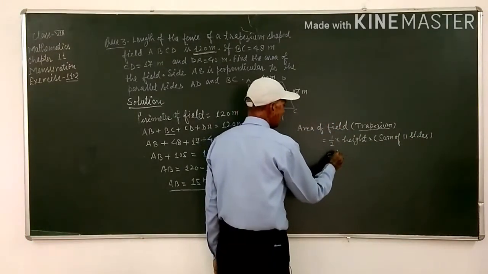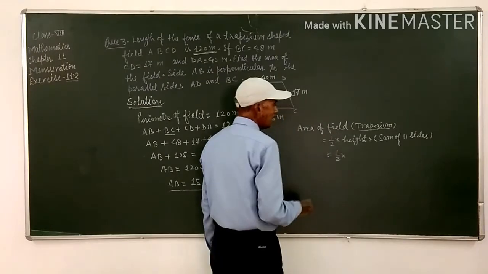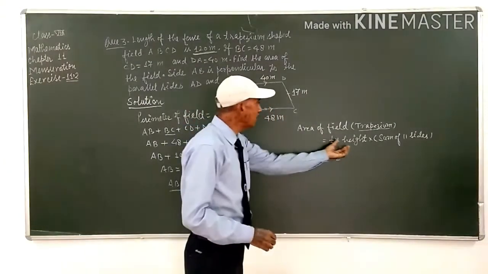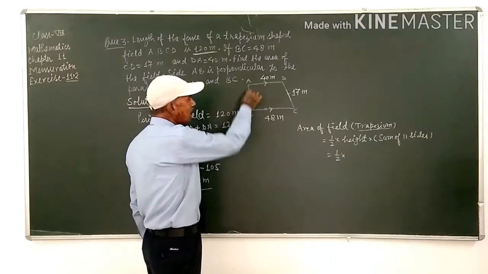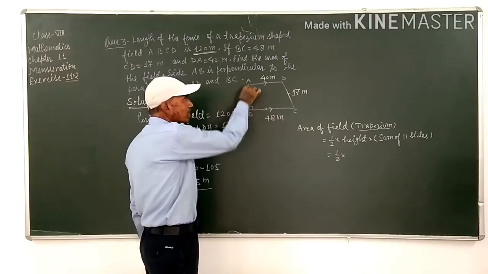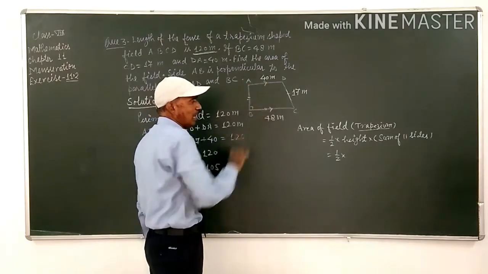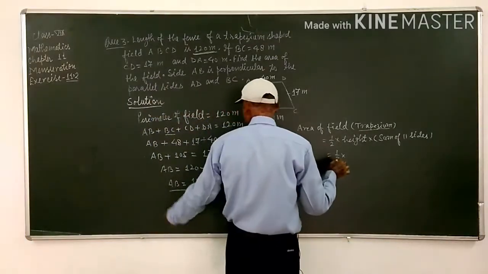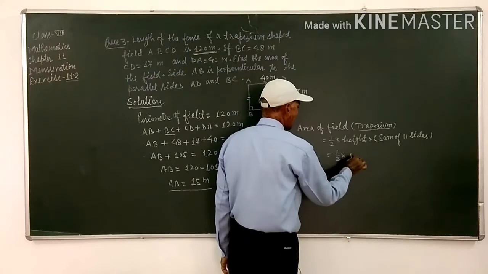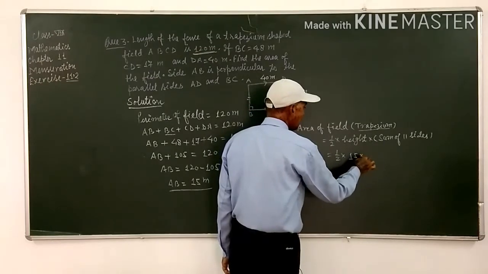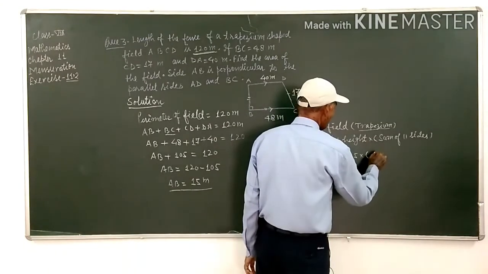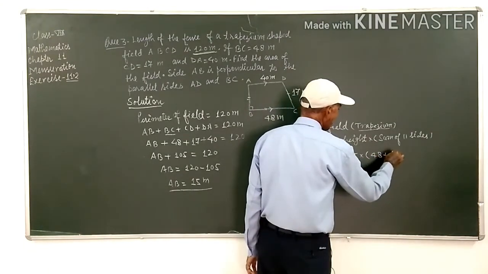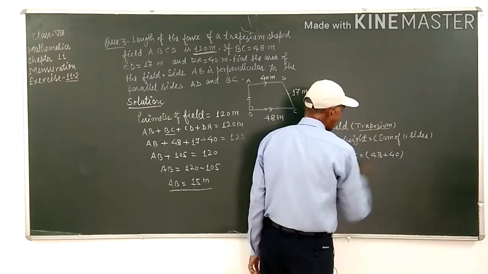It will be 1 by 2 into this height, that is AB. AB is the height because this is the perpendicular distance between these two parallel lines, and it is 15 meter. 15 into the sum of parallel sides, one side is 48 and another side is 40 meter.